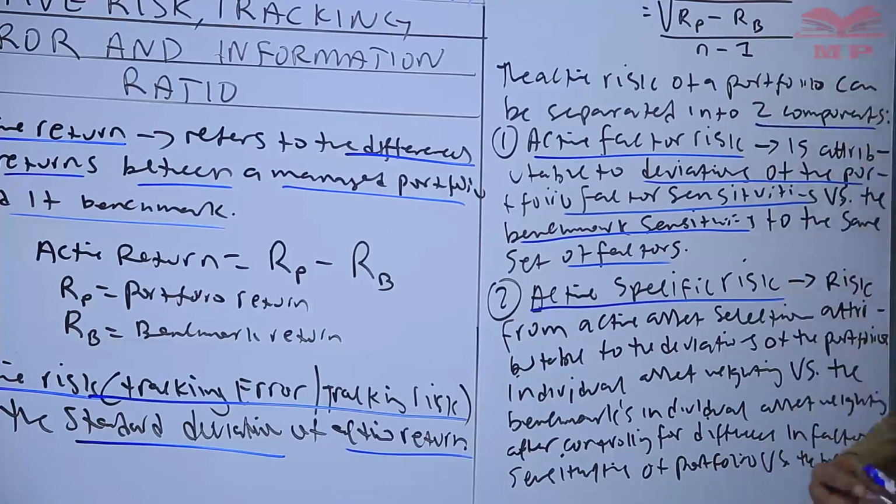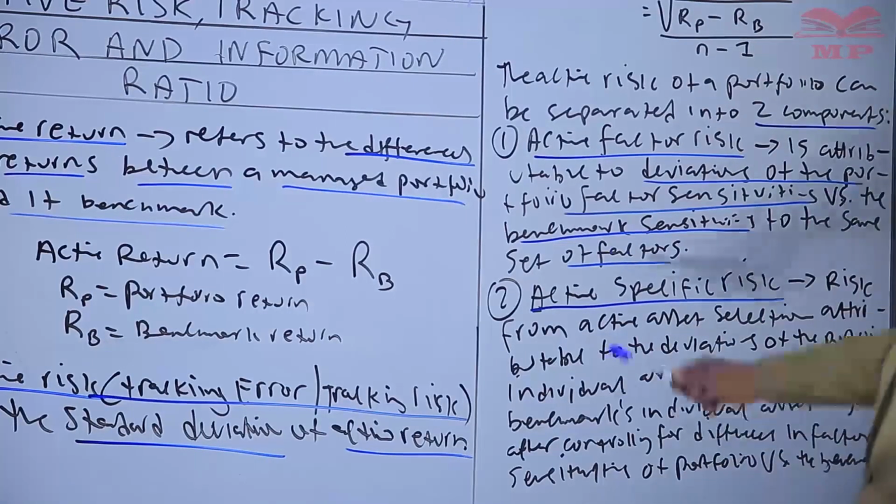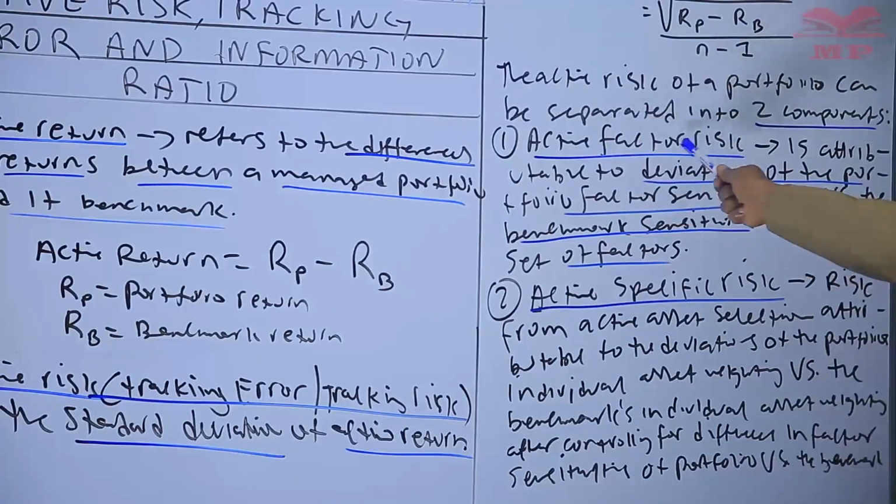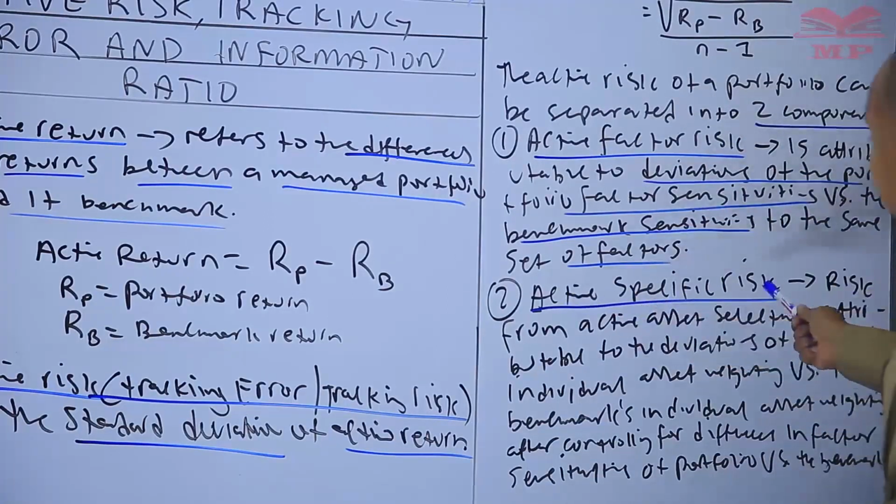Let's review what we've just written there. There are two components, active factor risk and active specific risk.